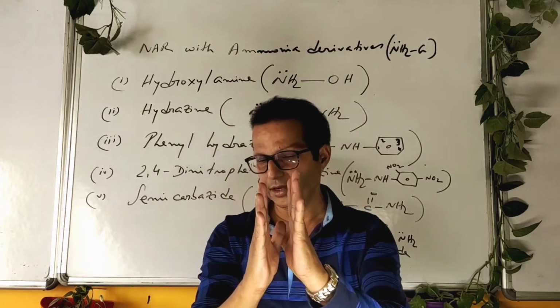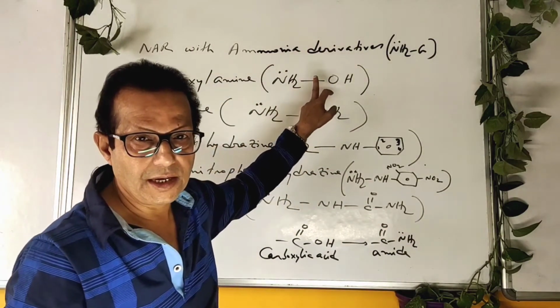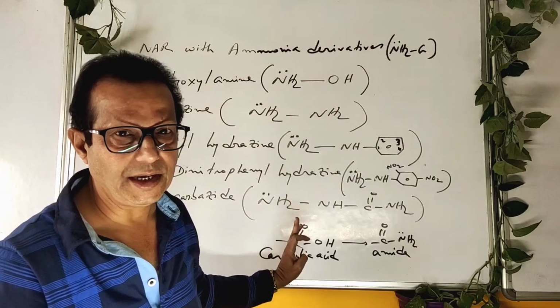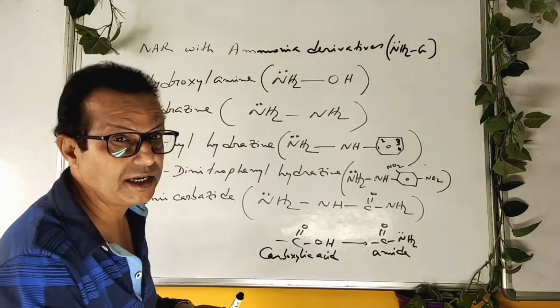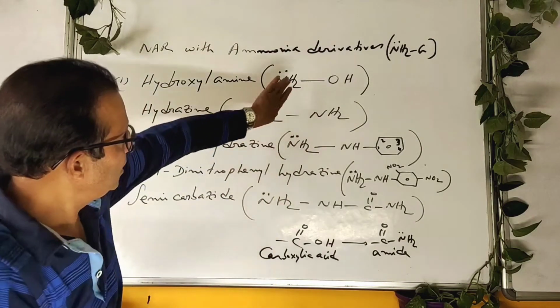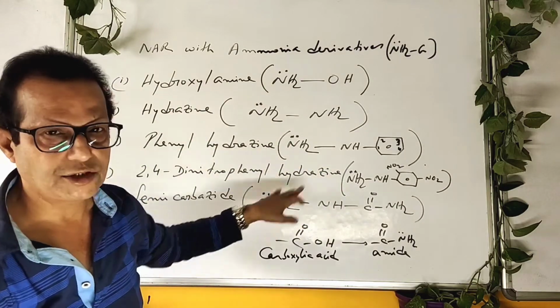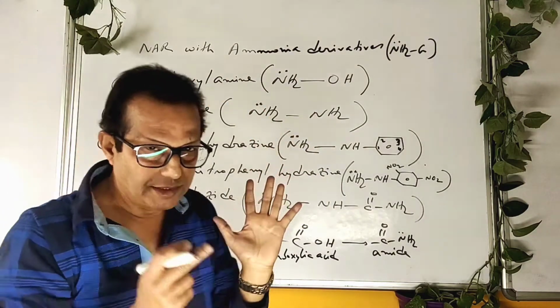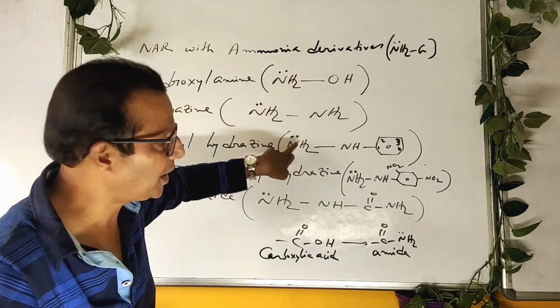Just follow the technique. You see, in every ammonia derivative, there is NH2 at the left hand side. See it. NH2, NH2, NH2, NH2, NH2, everyone. The technique is just shift the hydrogen of front NH2.